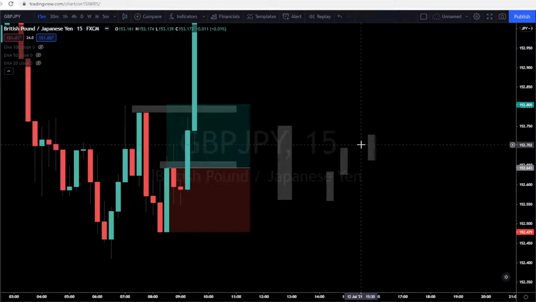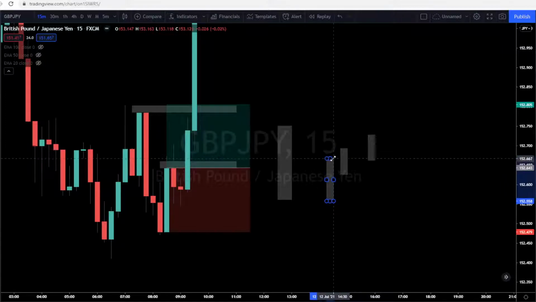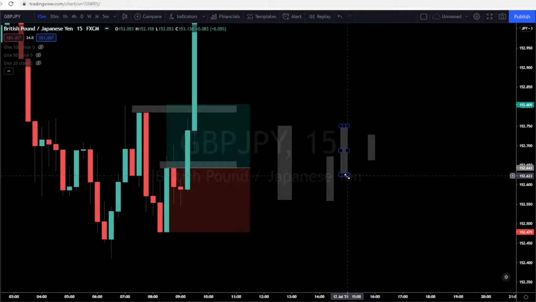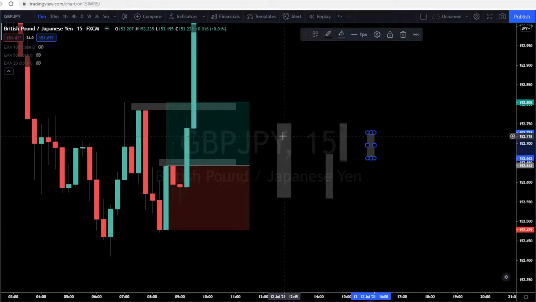So I'm actually gonna change this for you guys. So we have two 15-minute candles here, creating this candle to our left, and then the next candle that forms. So this is a 15-minute candle. I mean, this is a 30-minute candle. These are each 15-minute candles, right?